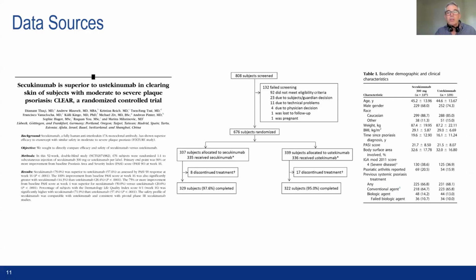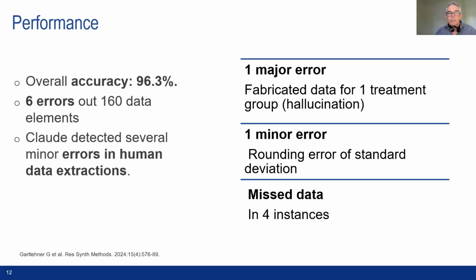This was important because automated data extraction, as I mentioned before, has historically struggled with pulling accurate data from tables and graphs. And on this small study, we thought the results were really remarkable.